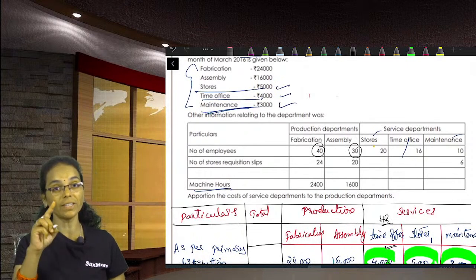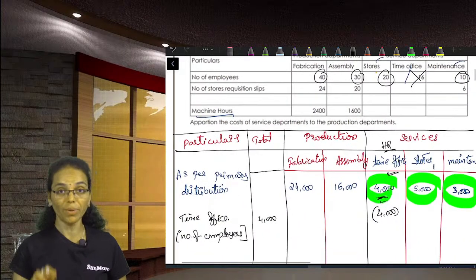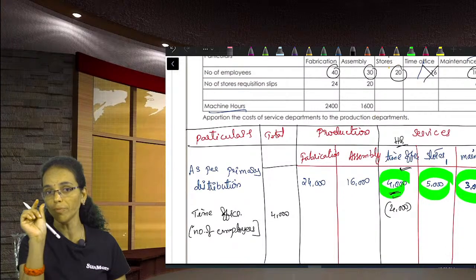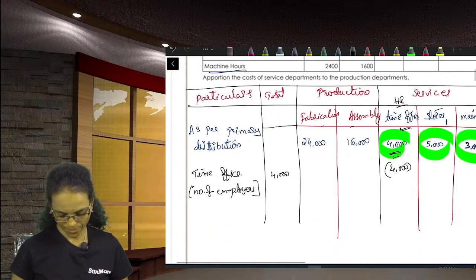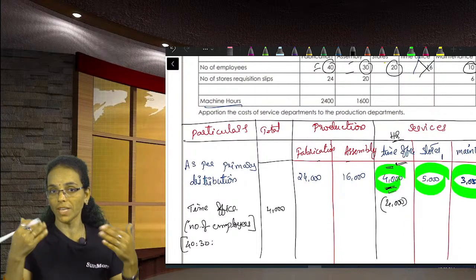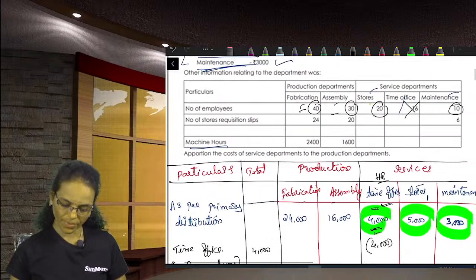We are allocating the expenditure of time office, so don't allocate to time office. 20 and 10. Again be careful while writing the number of employees ratio. First, fabrication and assembly, there is no change. You write 40 and 30 directly. Next, time office, you don't allocate anything to the self department. Put a hyphen. Next, stores, 20 and 10.